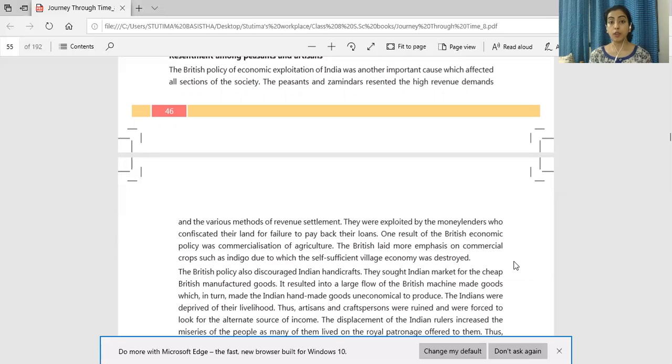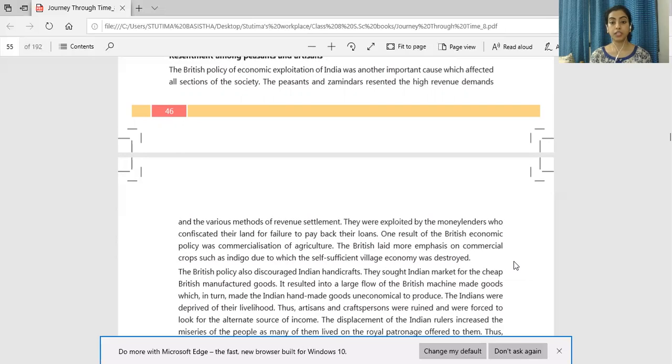And they were also exploited by the moneylenders, who confiscated their land for failure to pay back the loans. If they were not able to repay the loan, then their land was taken away.